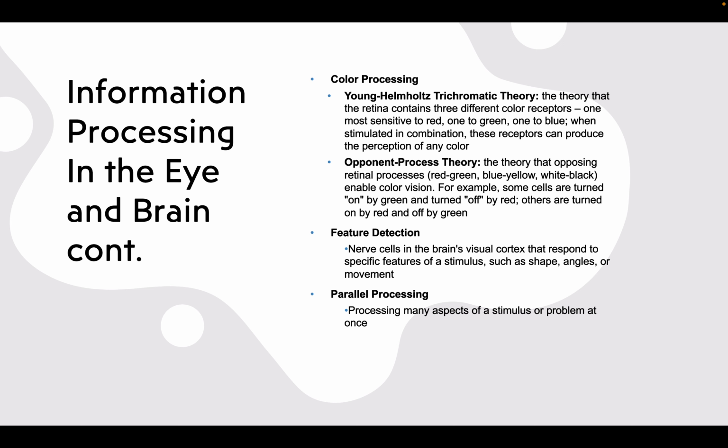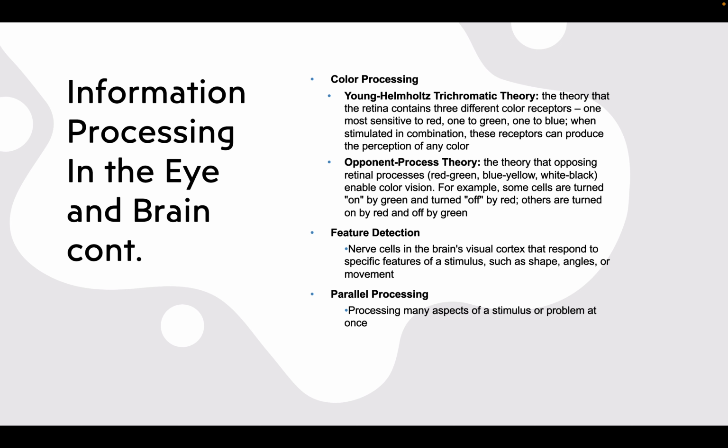In the Young-Helmholtz trichromatic theory, the retina contains three different color receptors, one most sensitive to red, one to green, and one to blue. And when stimulated in combination, these receptors can produce the perception of any color. That is one theory for it.